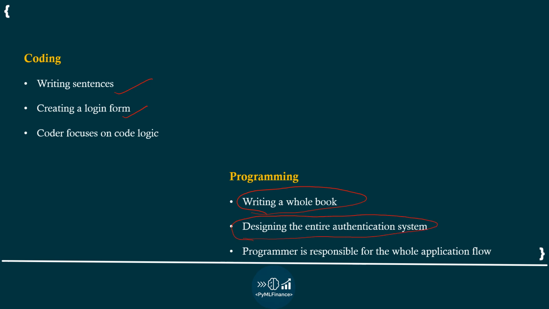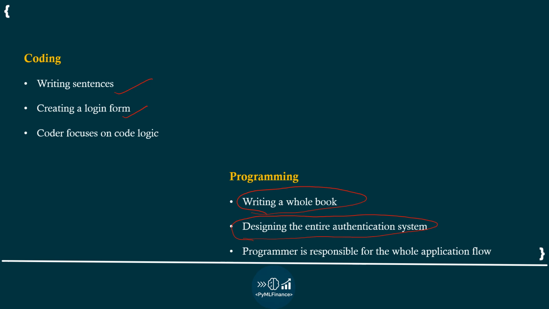The person who writes code is known as a coder, who focuses on code logic, whereas a programmer is responsible for the whole application flow. As a coder, you write lines of code in a specific language to do a specific task, for example, to display text or add some numbers.